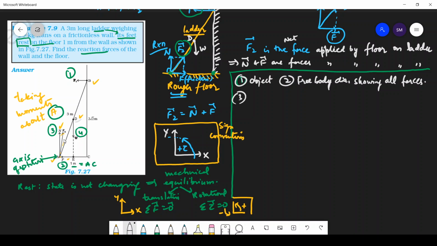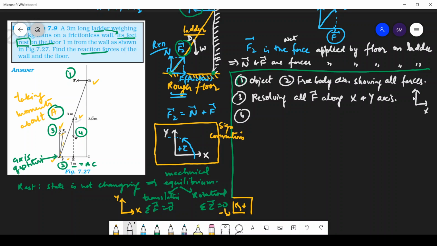Even if there is a certain force, like here I had F2, I have resolved it into components N and F. So take all the forces along the x-axis and y-axis, resolving all forces and taking the conventions, which direction you are taking as positive and which as negative.